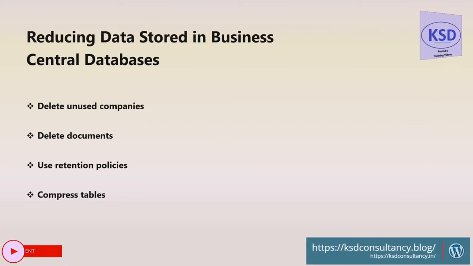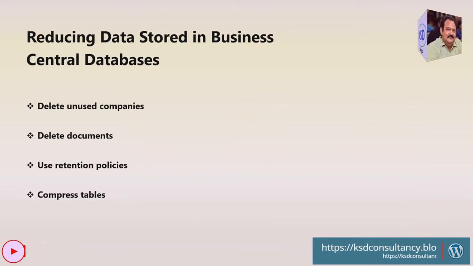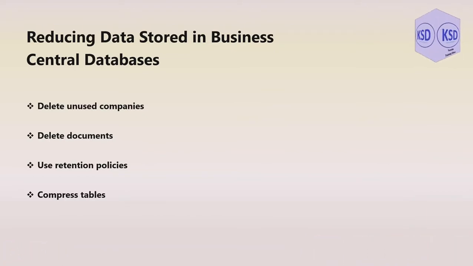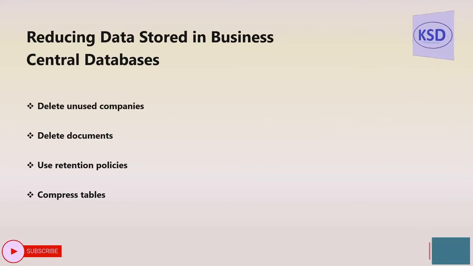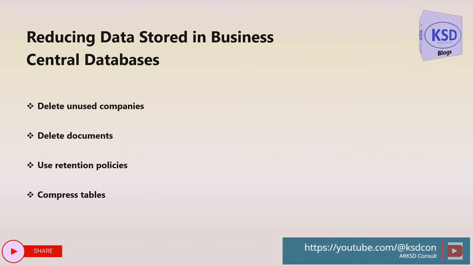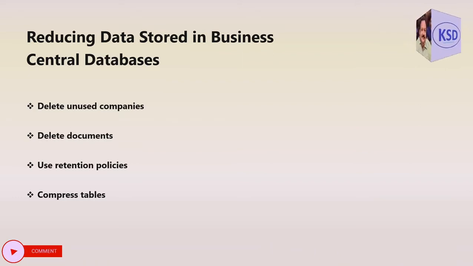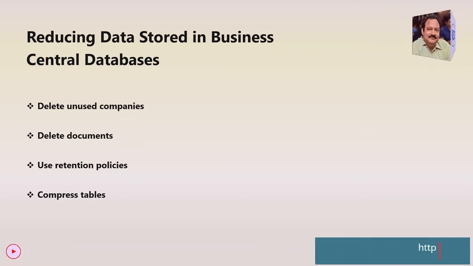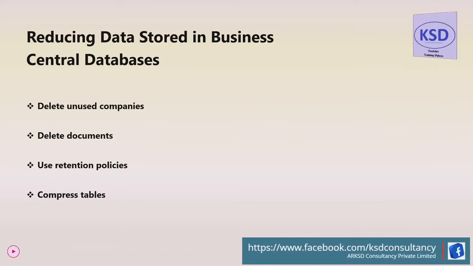You can use the retention policy for things like log keeping or change logs, deciding how much data you want to retain for 1 month, 2 months, and so on. And the last one is you can compress your tables. So these are a few ideas which you can follow to reduce your database size.